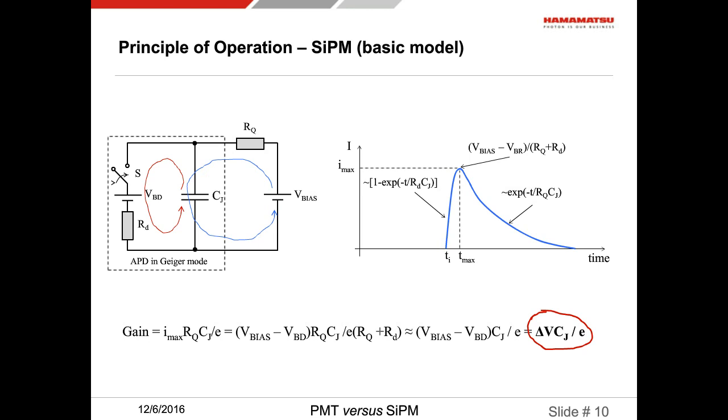This is internal current. However, as the discharge continues, the voltage or the potential at this point drops, and thus a current shown in blue begins to flow through the quenching resistor. This is the current that we observe, and on the right-hand side we see its dependence as a function of time. So as this potential drops, the current increases.